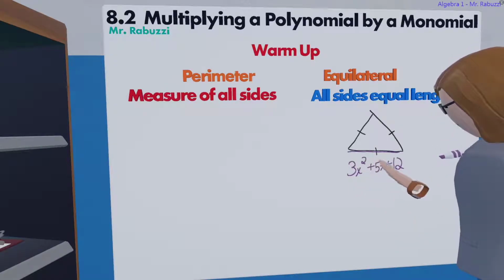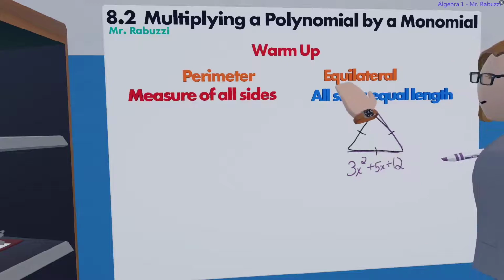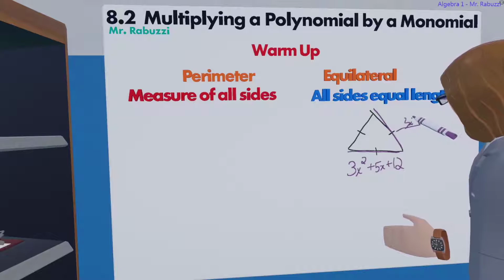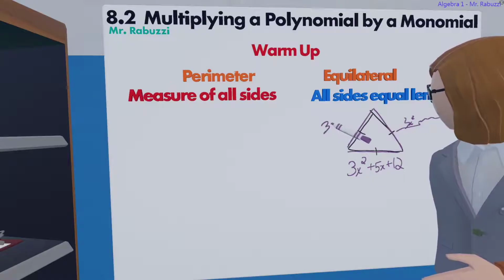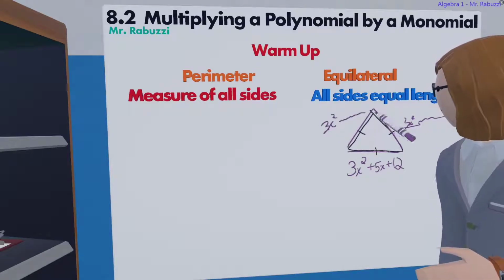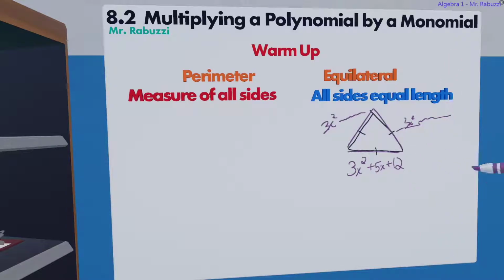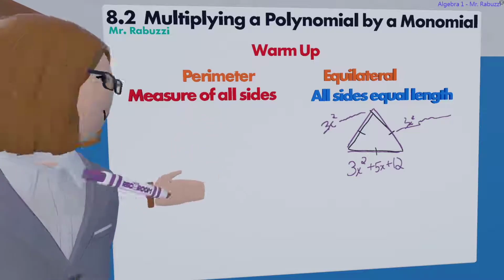So if this side is 3x squared plus 5x plus 12, this side must be, well, it's equilateral, so it must be the same. 3x squared, blah, blah, blah. Same length. And that also means this side has to be 3x squared plus blah, blah, blah. All three sides are the same. So if we want to add up all three sides, because we want to find the perimeter, that's what the question asks us in the warm-up. We need to measure all the sides.